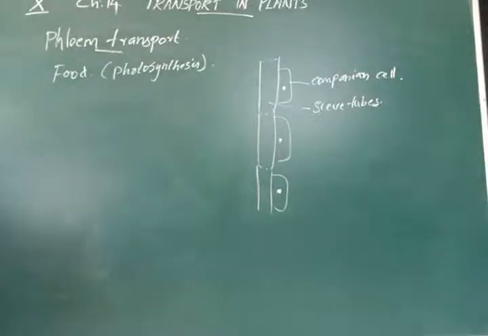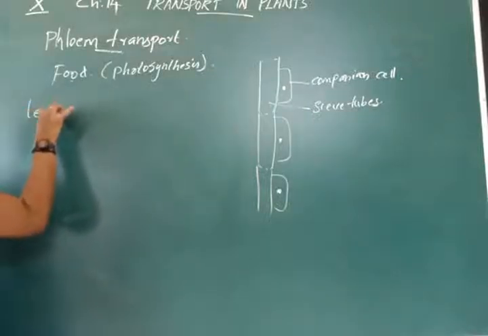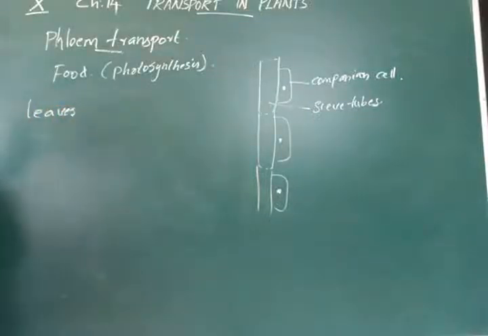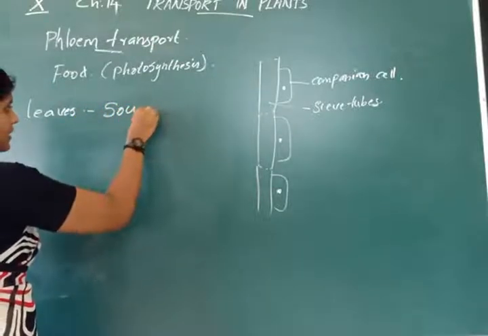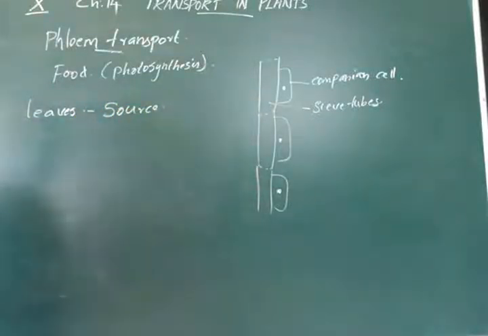As a result of photosynthesis, food is prepared in the leaves. That is called the source.